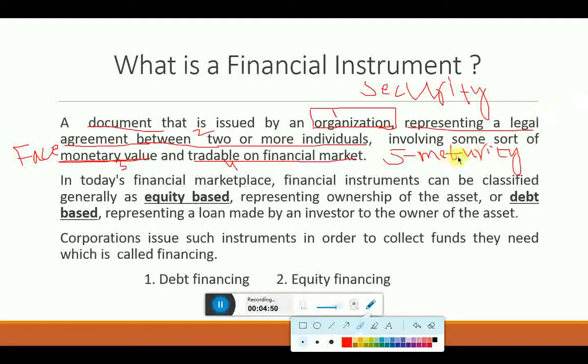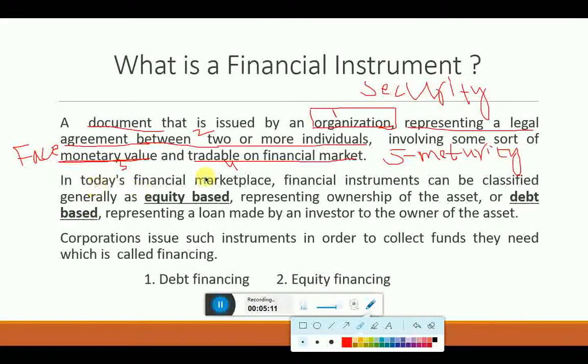So based on the maturity, we can divide the financial instruments into short term and long term, and based on the purpose or you can say financing, we divide them into debt financing securities and equity financing securities that we will discuss later on.